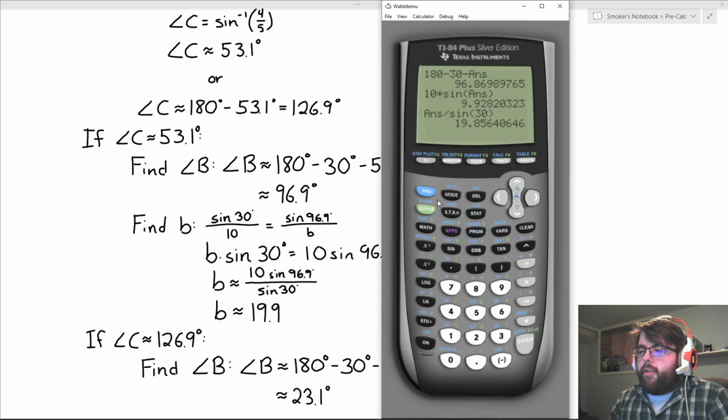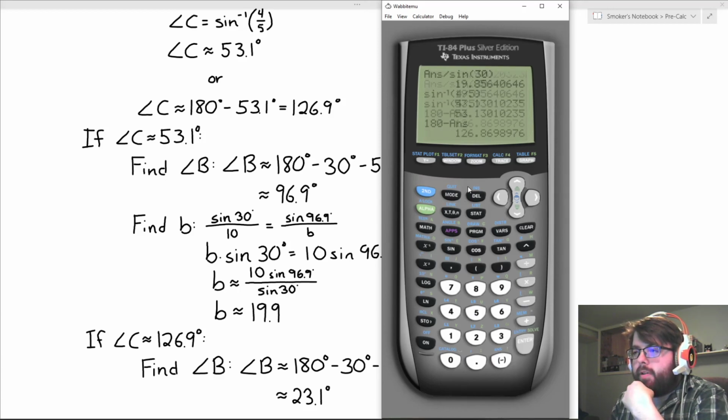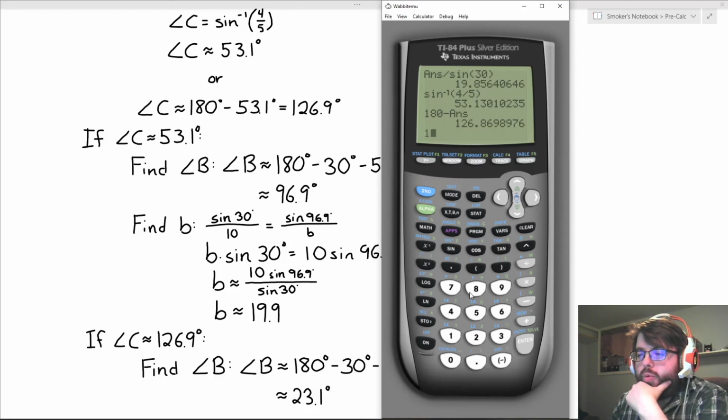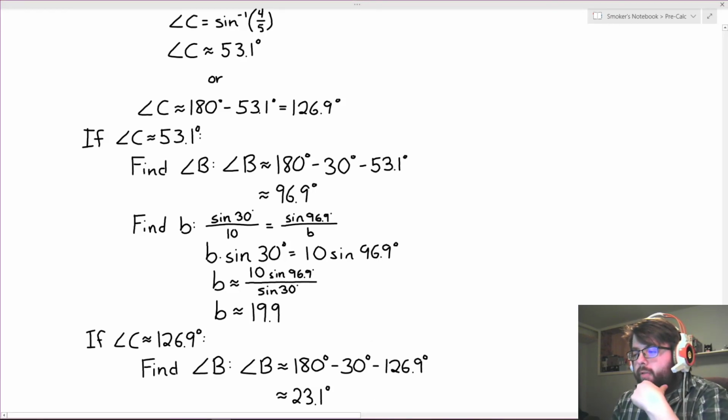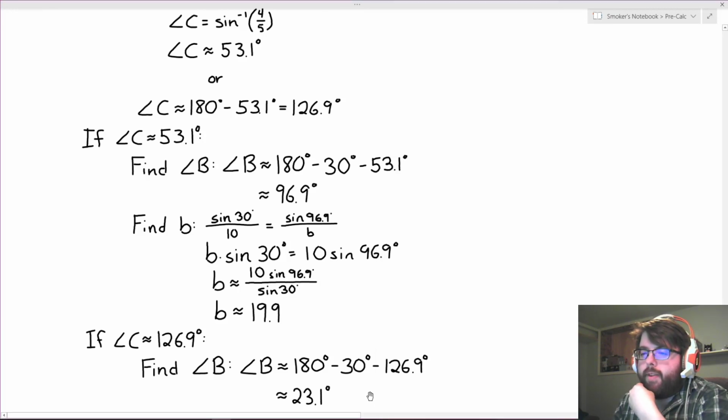So what you'll have to do in here is probably go back to do the sine inverse of 4 over 5, unless you want to scroll up, or if you stored this value, and then do 180 minus that, which is what you got here, 126.9. Okay, so then I'm doing this down here, 180 minus 30 minus second answer. Again, second answer is your friend to get to 23.1.